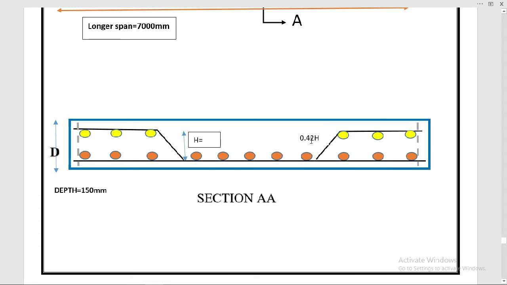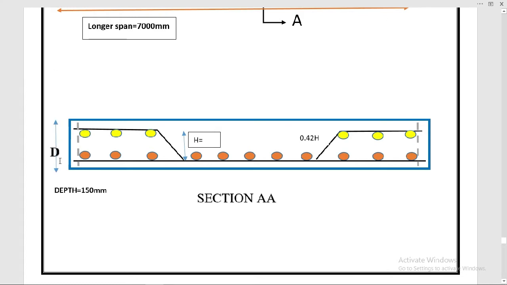We multiply h by 0.42 to calculate this bending length. Both sides' height will be the same, so the bend length will also be the same because both are bending at 45 degrees.